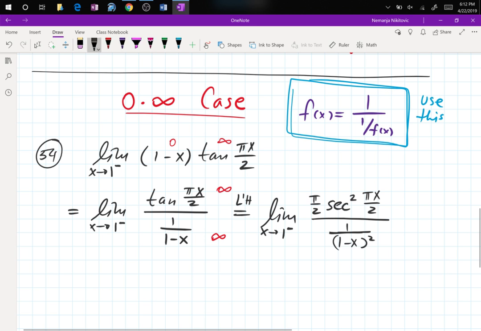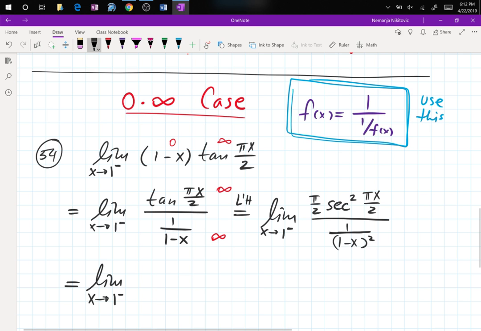When I plug in, what's the secant of this, right? The secant is 1 over cosine, right? And let's see. We have the limit, x goes to 1 minus.